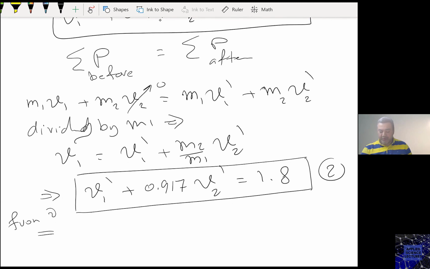From 2, I have V1 prime equals 1.8 minus 0.917 V2 prime.